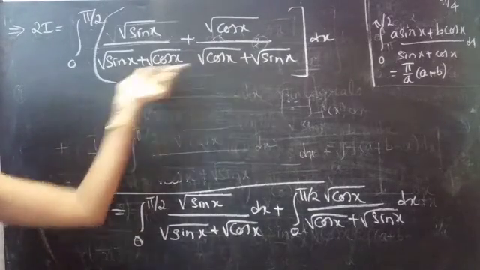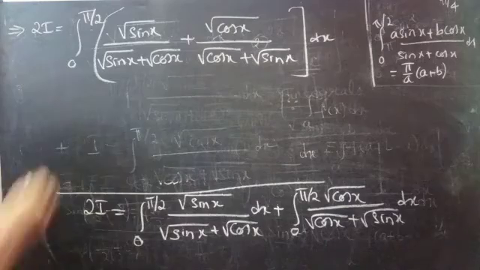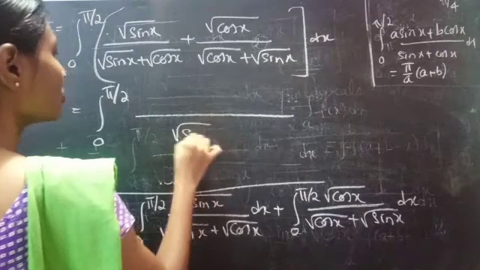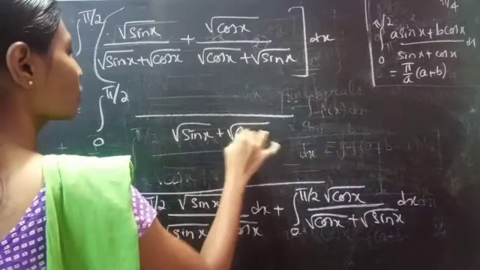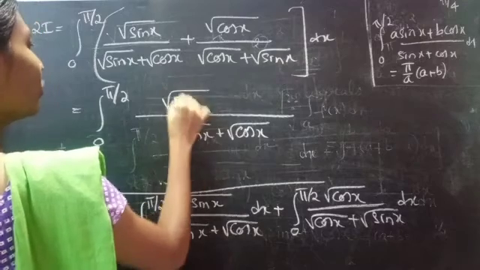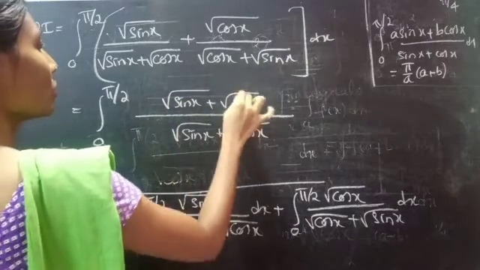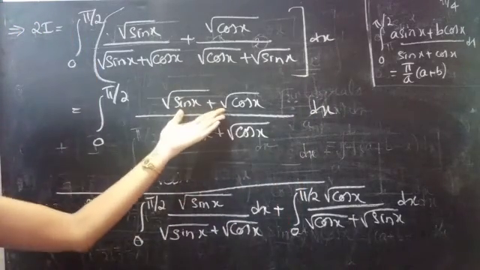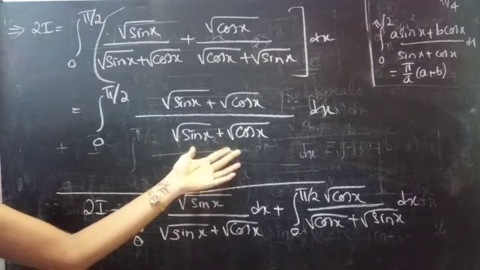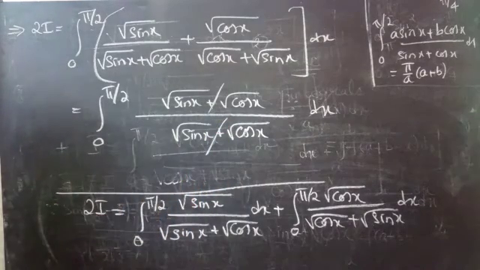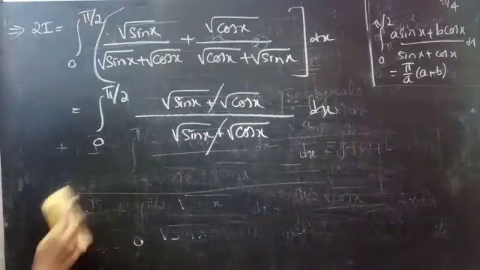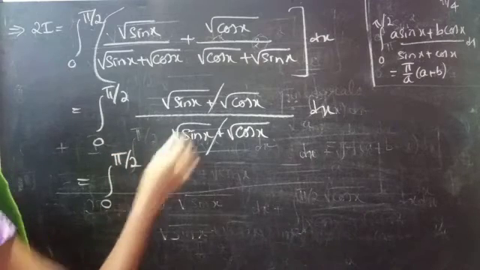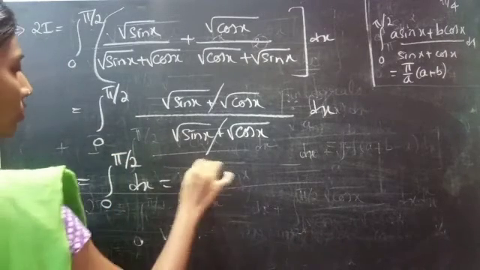Here you have the same denominator, so you get the LCM root sin x plus root cos x, and in the numerator root sin x plus root cos x dx. Root sin x plus root cos x gets cancelled. So this equals integral 0 to pi by 2 of 1 dx, which is x.